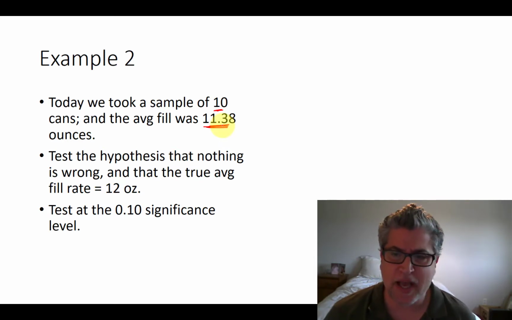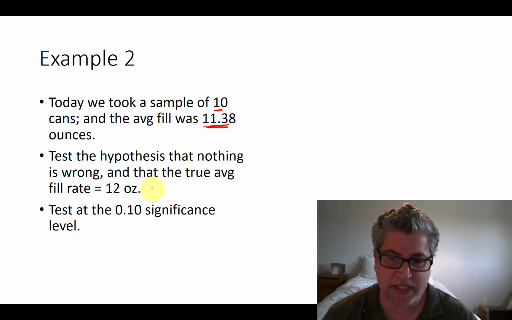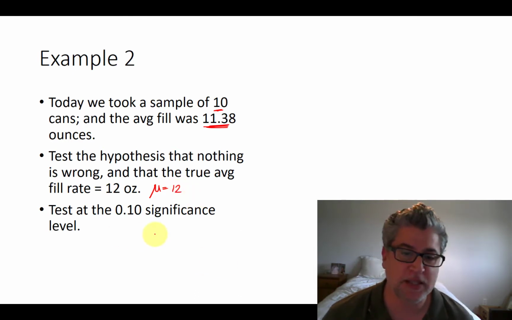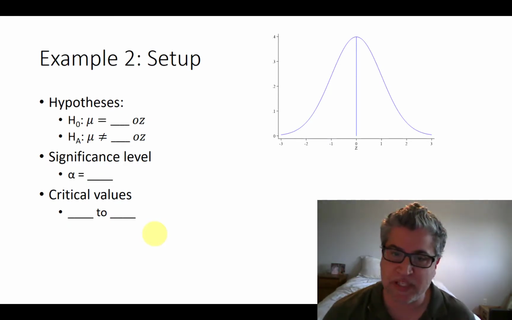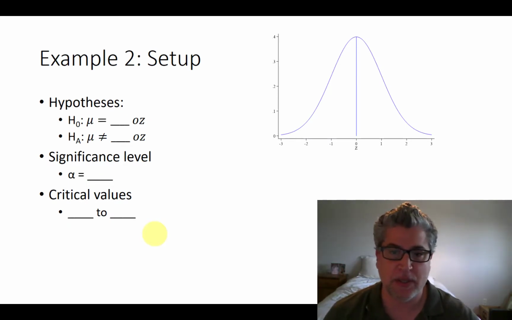So let's test the hypothesis that nothing is wrong. So we're going to test the hypothesis that the actual average fill rate is 12 ounces, and we're going to do that at the 10% level. So we're just going to follow the same steps as before. Let's be explicit about our hypothesis.